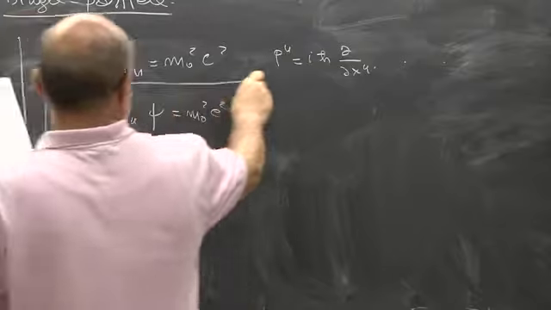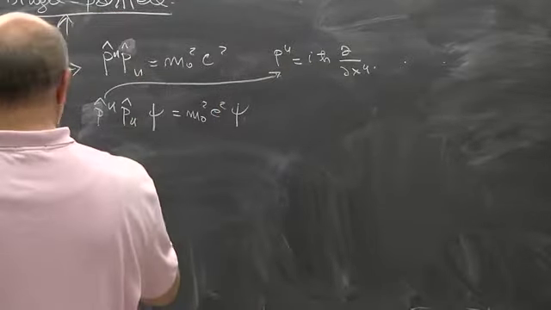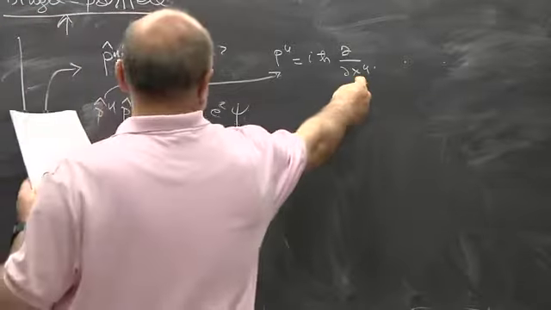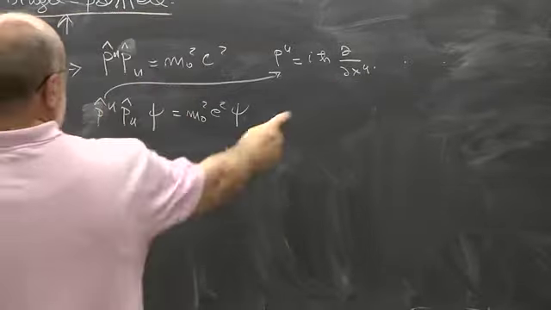Now let's insert this expression, and what we get is the following. 1 over c squared, the second derivative with respect to t squared, because here there is a c, then minus d dx squared minus d dy squared minus d dz squared. This is applied on a psi, but also this is applied on a psi.